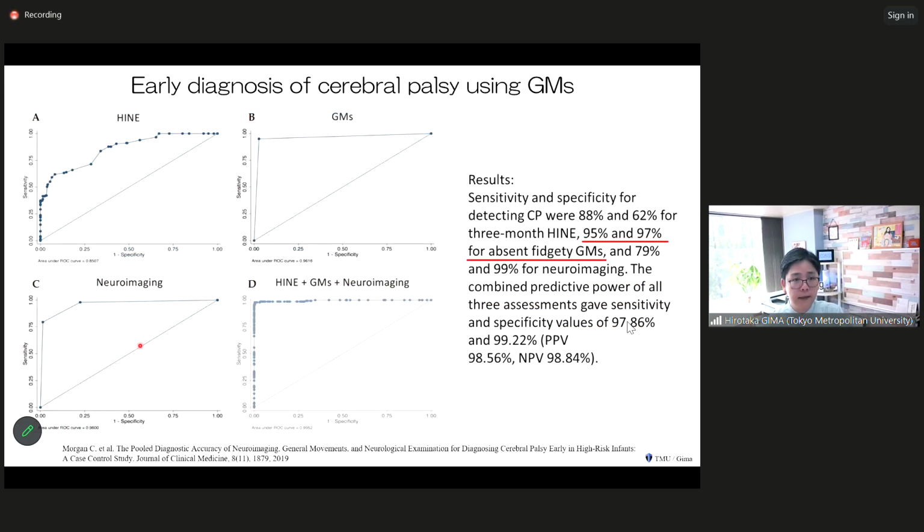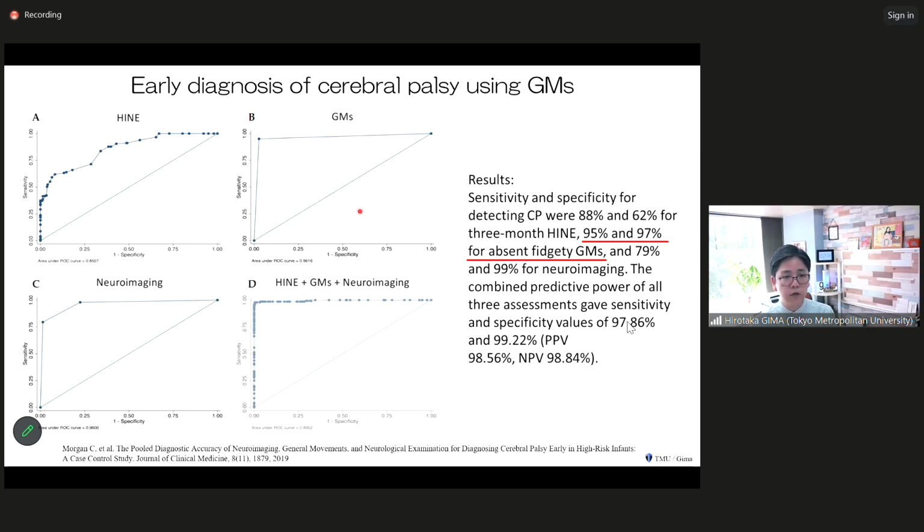Furthermore, in the latest study report in 2019, GM assessment showed the best predictive properties before 3 months of corrected age. The GM assessment has been increasingly used to predict neurodevelopmental abnormality in clinical practice and research.